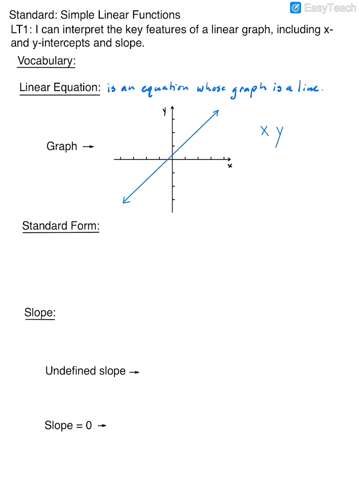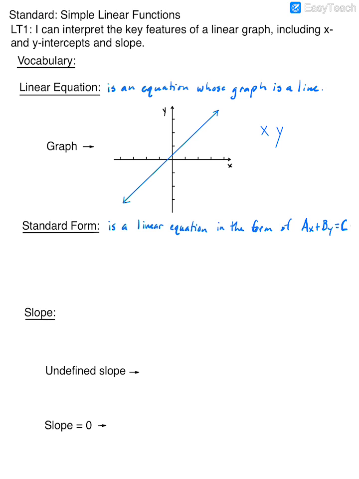So the first form we'll talk about is standard form. Standard form is a linear equation in the form of ax plus by equals c.